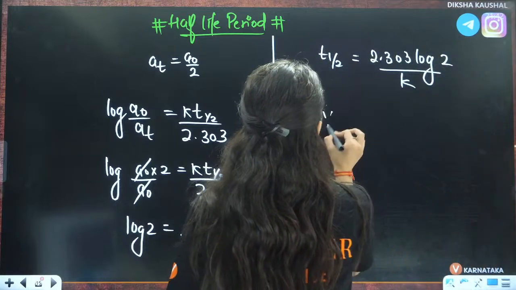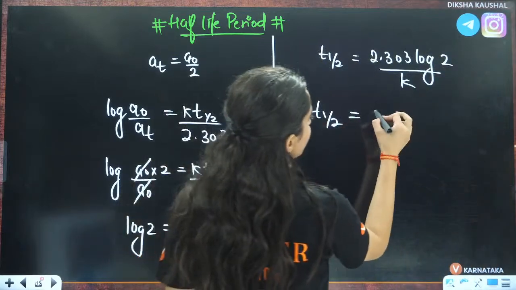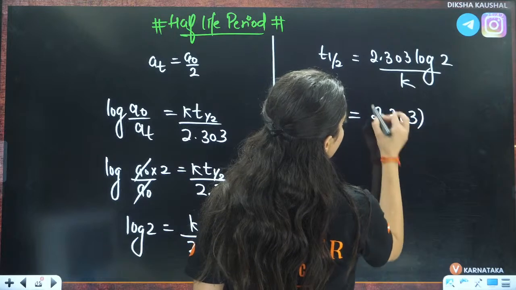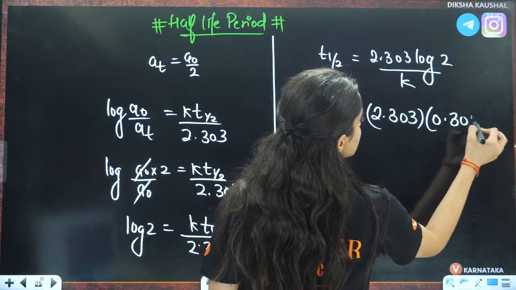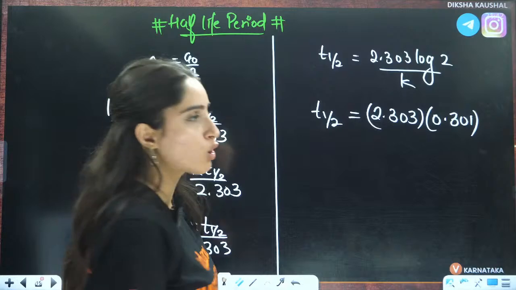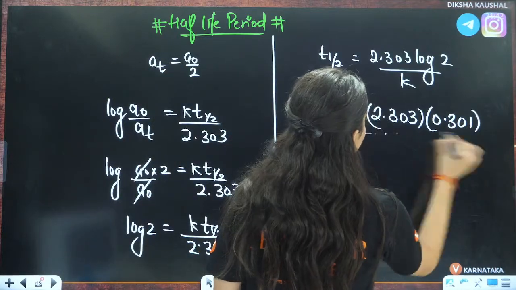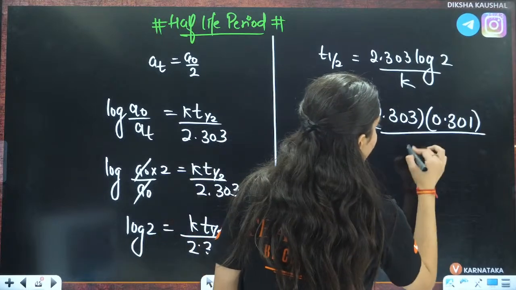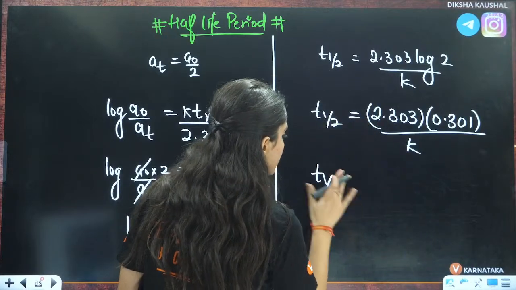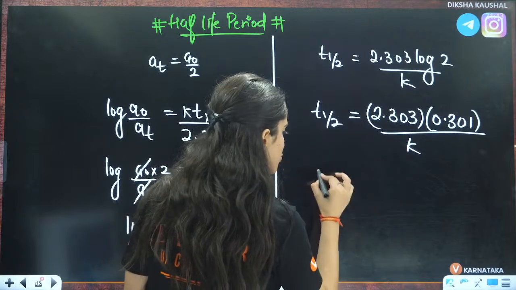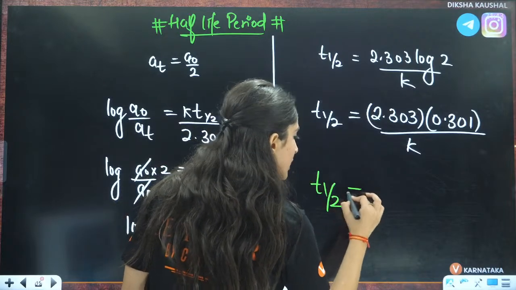It means t half of a first order reaction will be 2.303 multiplied by 0.301, that is the value of log 2, divided by k.